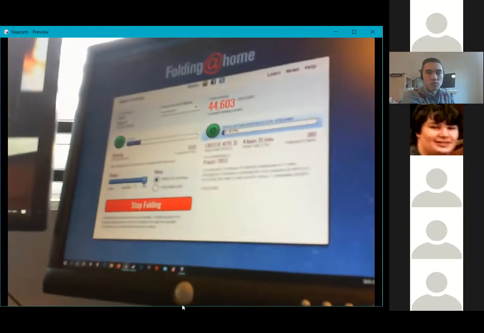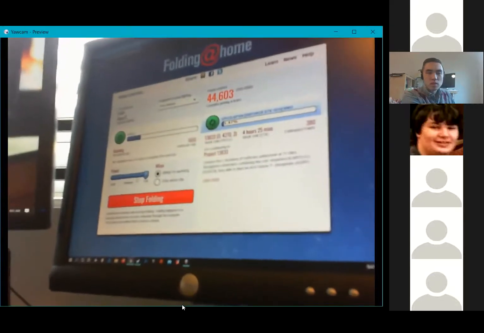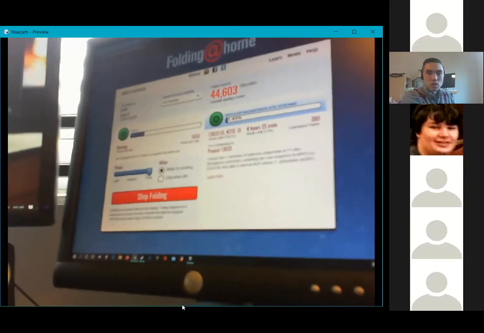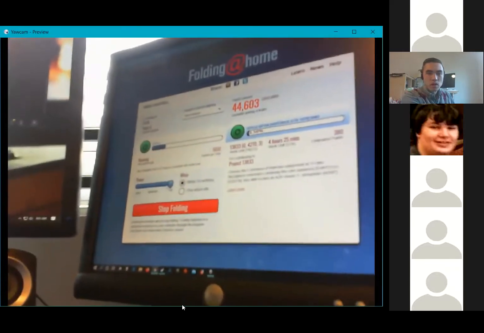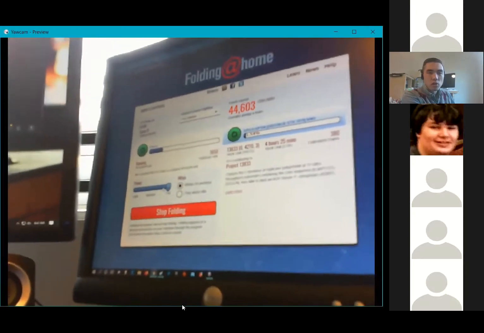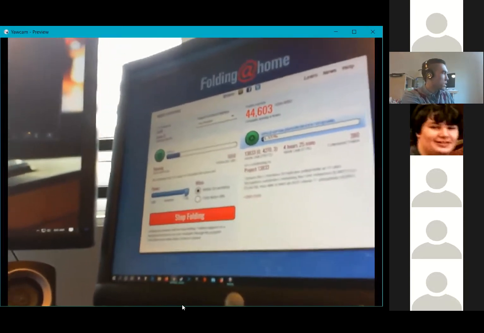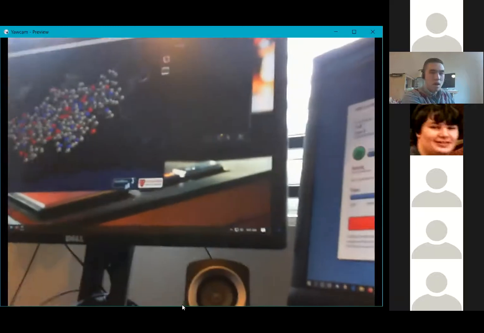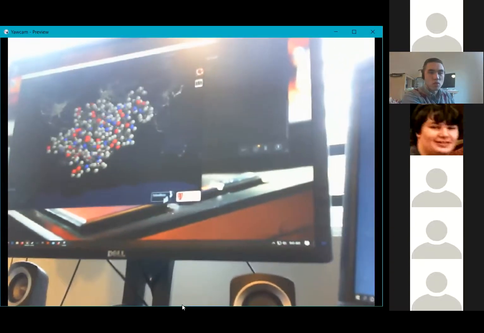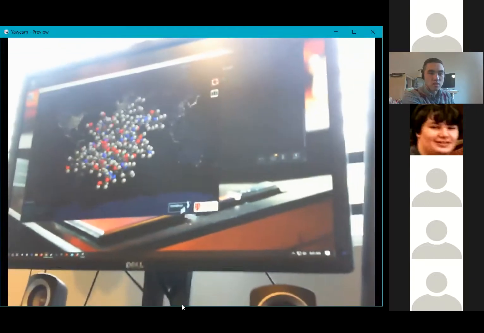Right now, people are using Folding@home to help with the COVID-19 research. So if you have a desktop computer that is mildly powerful, Folding@home, the links are in Google Classroom, is a way that you can actually help the research towards finding treatments, or preferably a vaccine, to the virus that's going around.